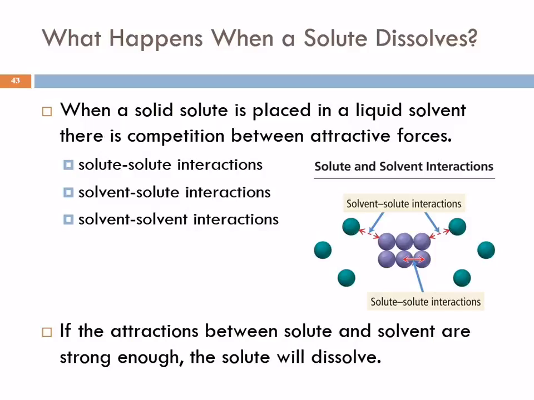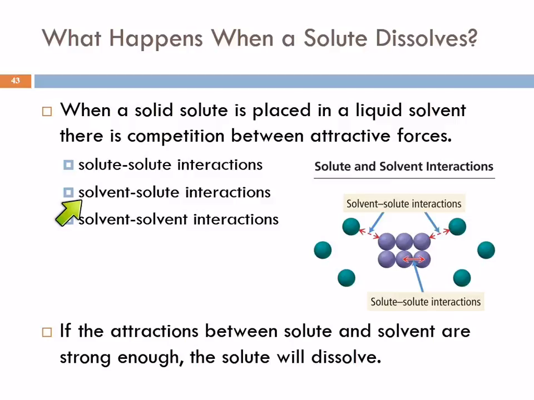Why is water a liquid at room temperature? Why don't all the molecules fly away? Because there are attractions between the water molecules, and we'll learn more about those later. So we have solute-solute interactions. Those are interactions between the solute particles. We have solvent-solvent interactions between the water molecules.